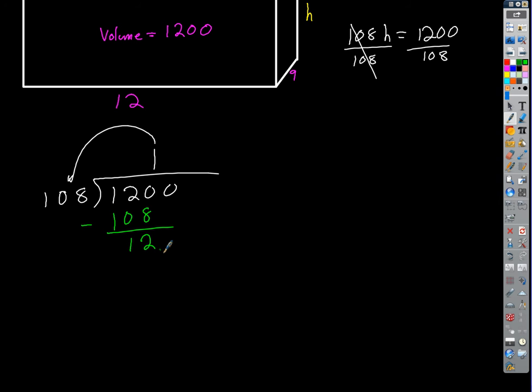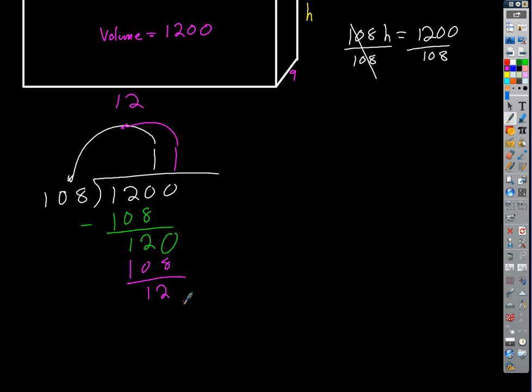Then I bring down the 0, and I do it again. 108 goes into 120 one time. I multiply again, and I get 108, subtract, and I get 12. Okay, and what do we do then?